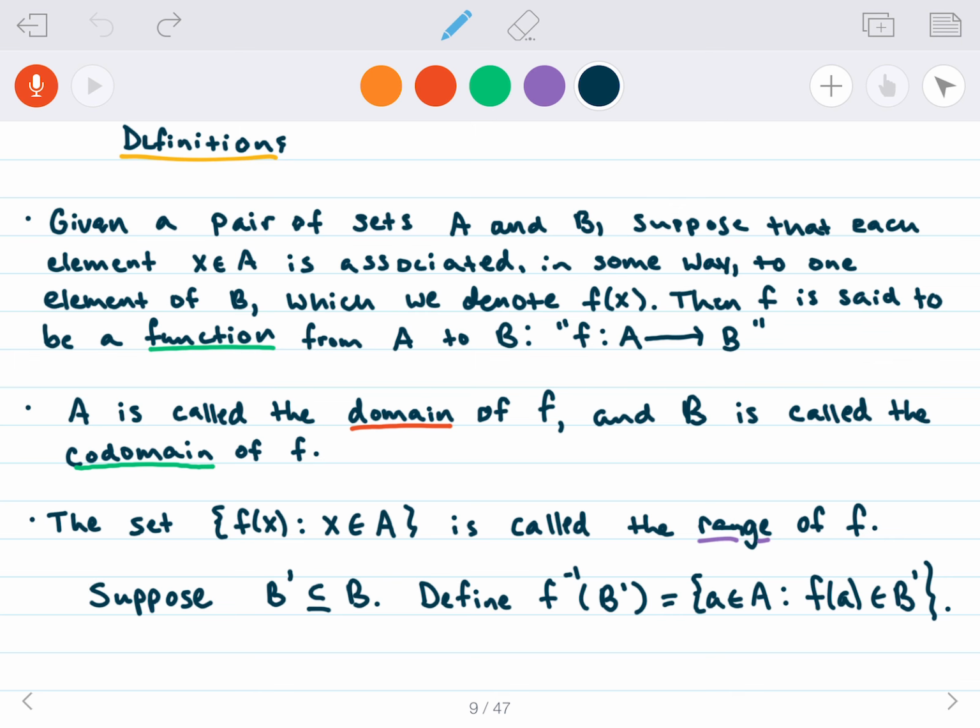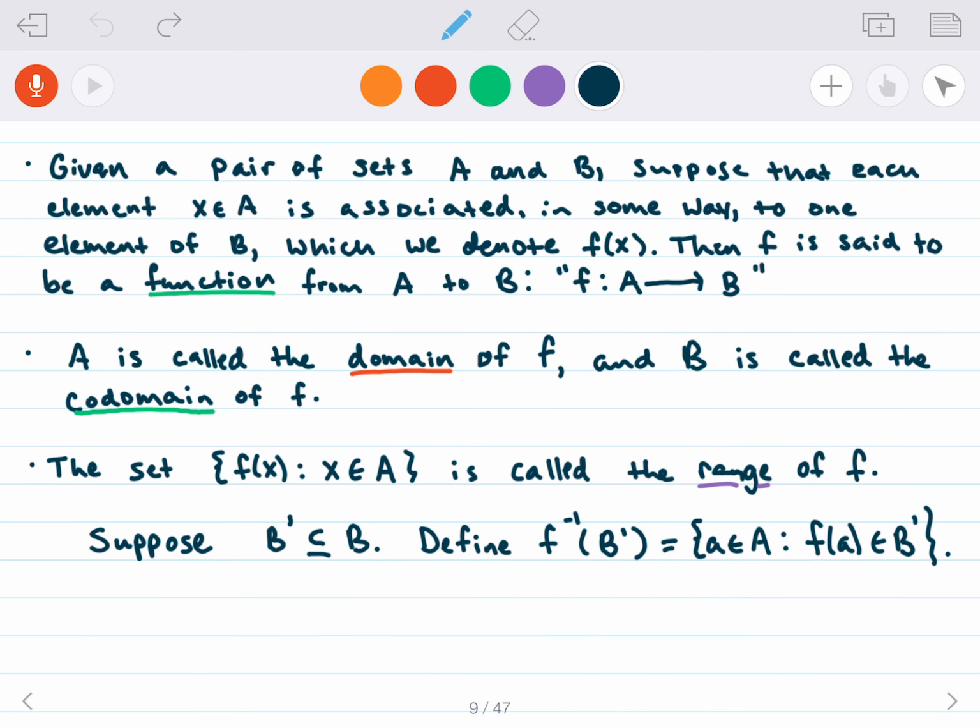A is called the domain, and B is called the codomain of f, and the stuff that gets hit by the map is called the range. So the set of f of x such that x is in A is called the range of f.